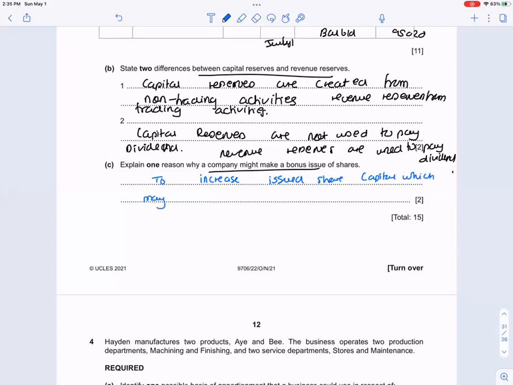What else? To compensate the shareholders in the event of shortage of liquid resources to pay a dividend. To reward the shareholders for non-payment of dividend in the event of shortage of liquid funds.